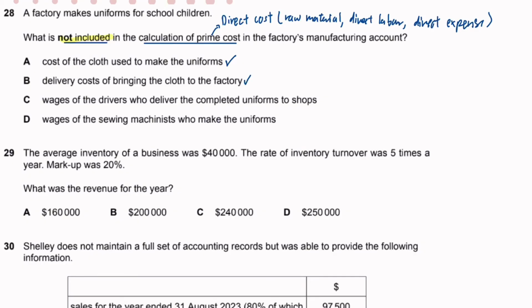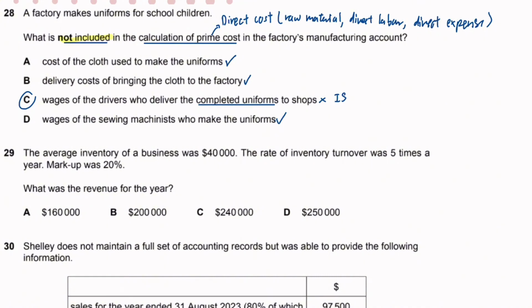C, wages of the drivers who deliver the completed uniforms. This is not. This usually will be put under the income statement, because it's a distribution cost of the final product. D, wages of the sewing machinists who make the uniforms. This is the direct labor, so we also include. So C is the answer.